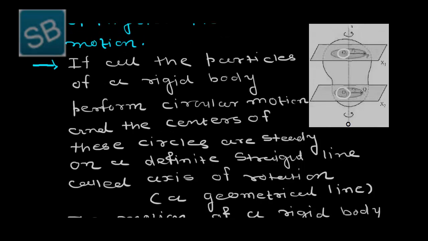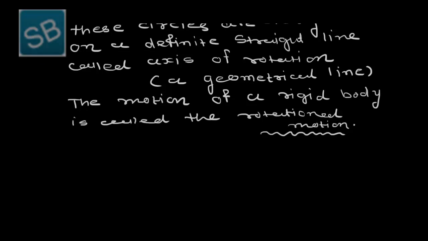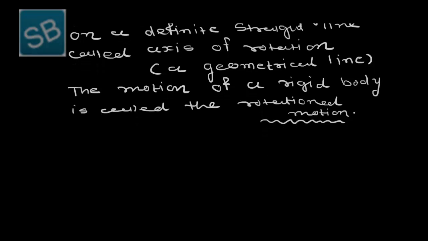If you see the figure, a rigid body is shown with all its particles, but here we have considered only two particles P and Q, which are performing circular motion about the centers O1 and O2, which are steady on a straight line. This is the condition: their centers should be in a steady position on a straight line, which is also a geometrical line.